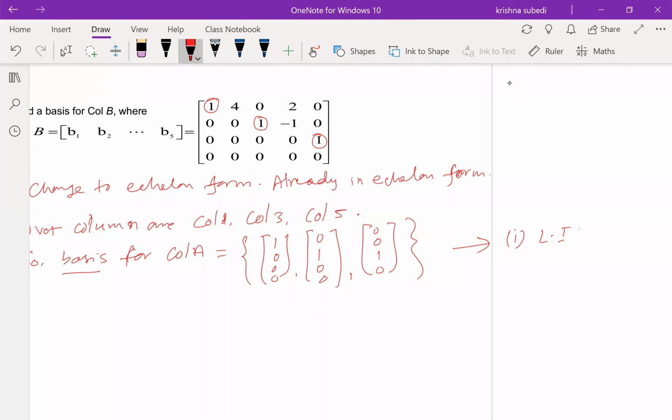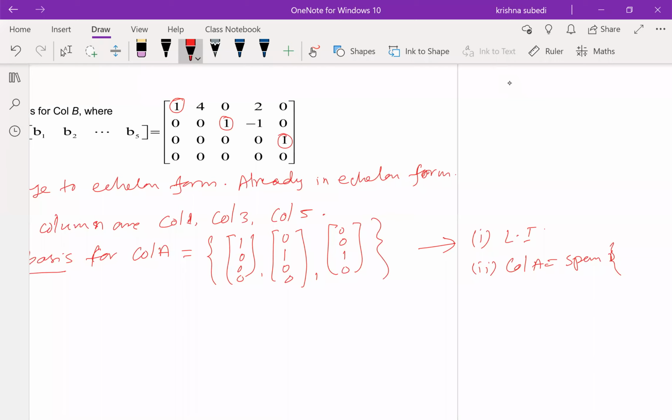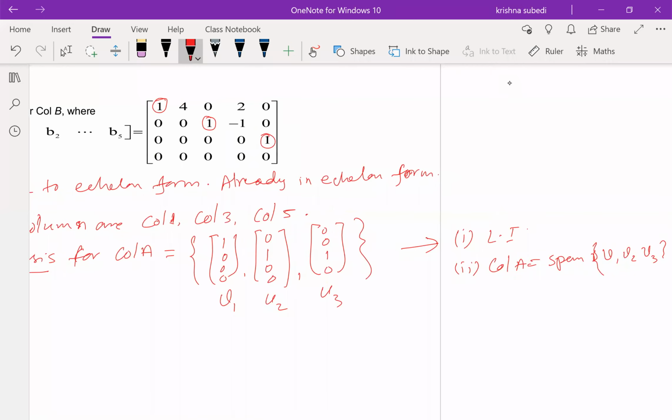You can check linear independence by yourself, and they span the column space of A, the span of B1, B2, B3. It will automatically satisfy both of these conditions.